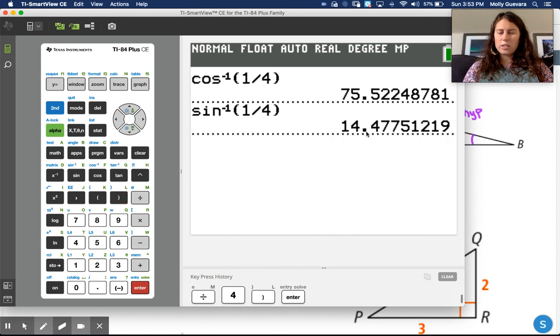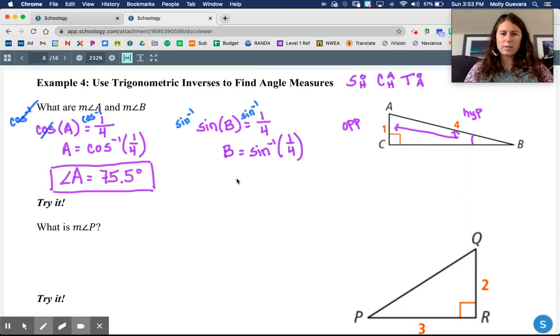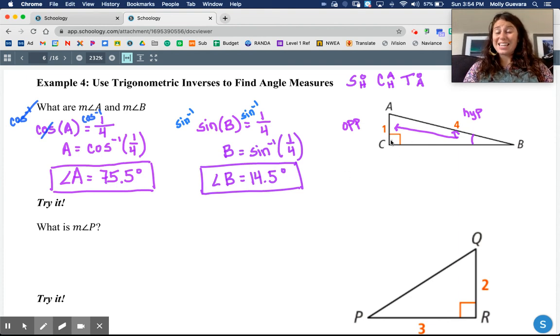And I get 14.5, so angle B is equal to 14.5 degrees. And if I add up these three angles, 75.5 plus 14.5 plus 90, I will get 180, which makes sense because that's what a triangle adds to.